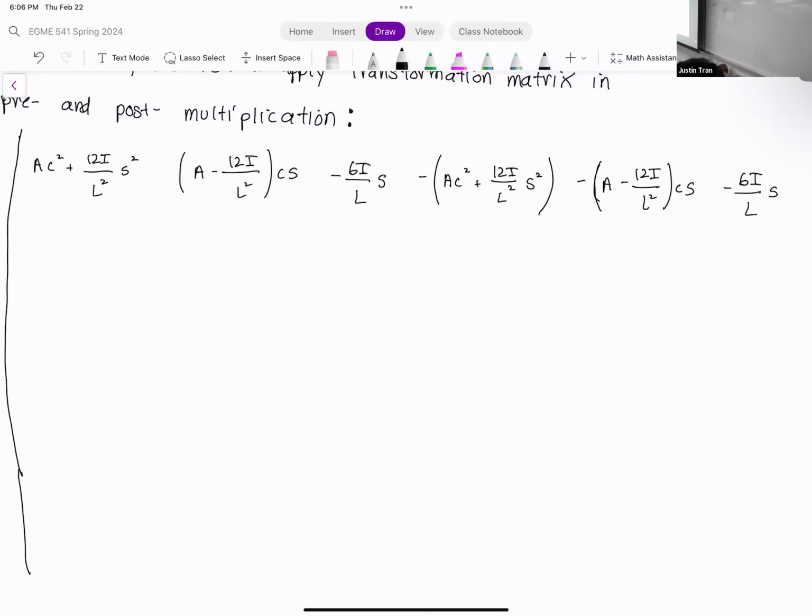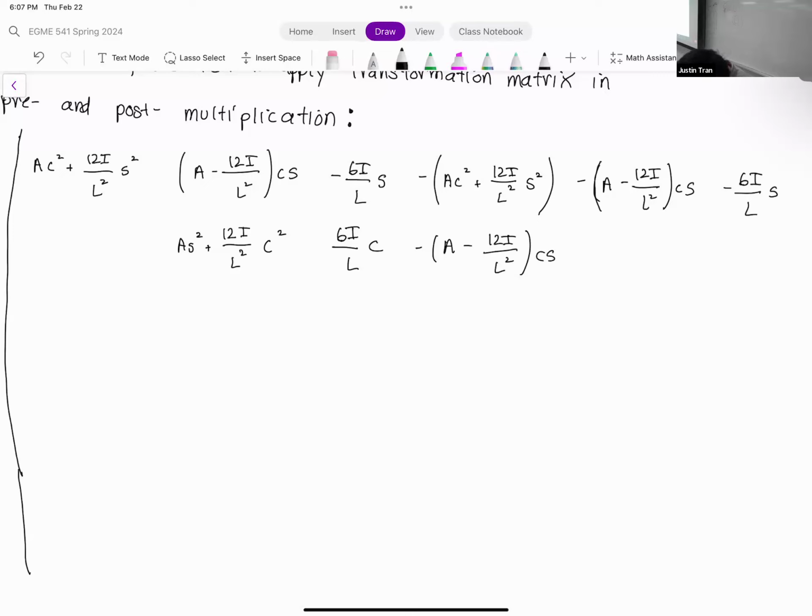Okay, second row. We have a times s squared plus 12 I over L squared cosine squared. Next entry is 6i over L times cosine. Next, we have a minus 12i over L squared cosine sine.